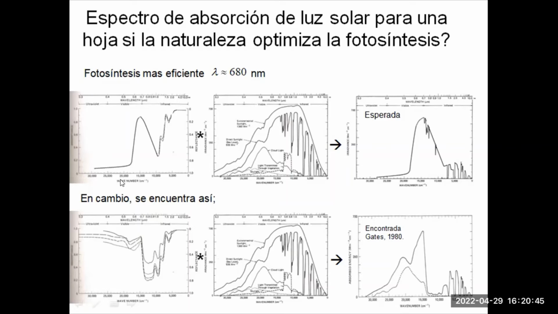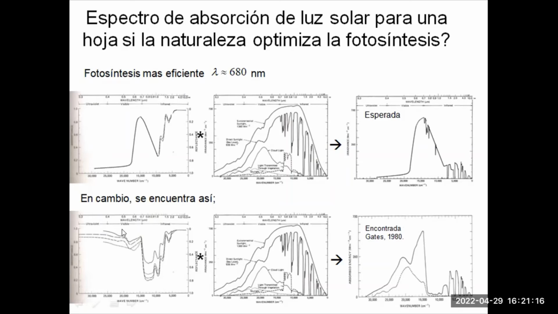So if we convolute this absorption spectrum that we would expect if photosynthesis was being optimized with the light spectrum that we do get at the surface of Earth, then we should find something like this. This is just a convolution of these two graphs. We should get a spectrum that looks something like this. But in fact, we get a spectrum which looks like this. So they are quite different.